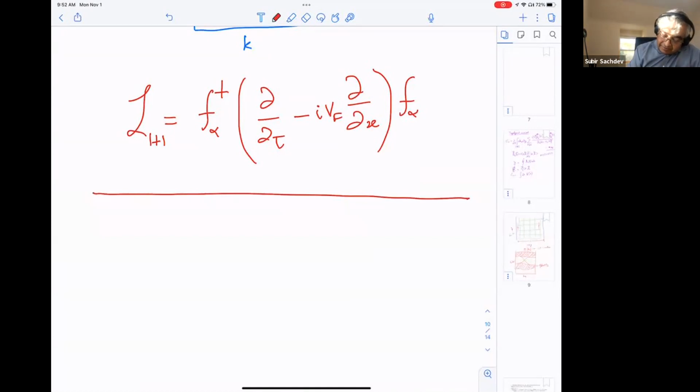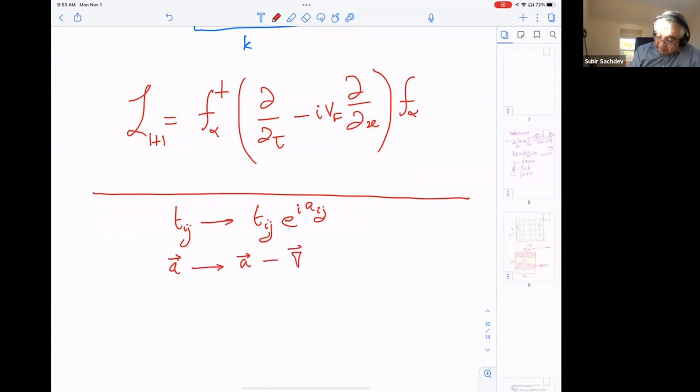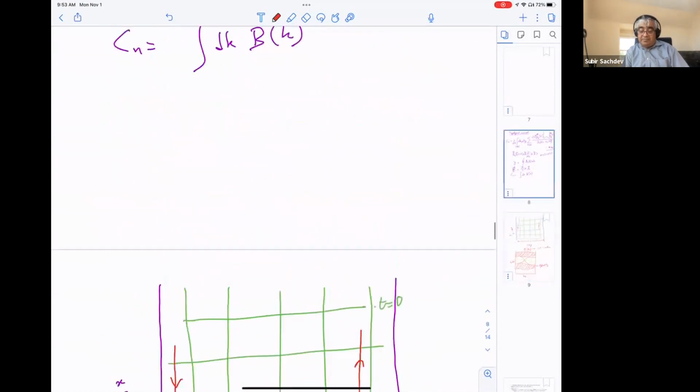So the gauge fluctuations, I recall, were T_ij goes to T_ij e to the i A_ij. And in the continuum limit, this gives you a vector field A, which transforms as A minus the gradient of phi, where phi is the naive continuum limit of the gauge transformation here.